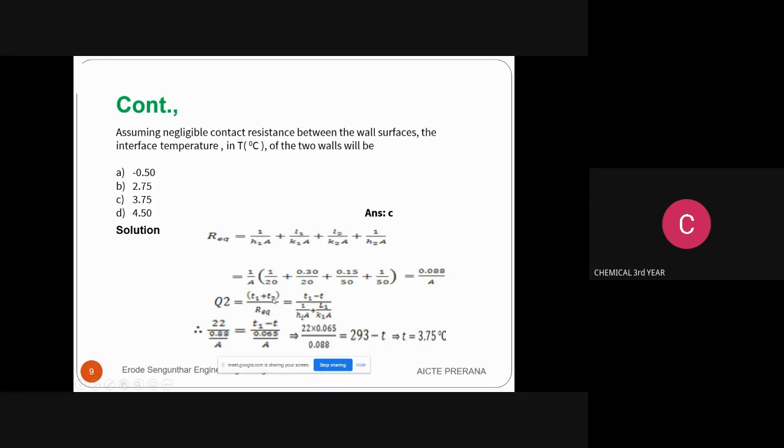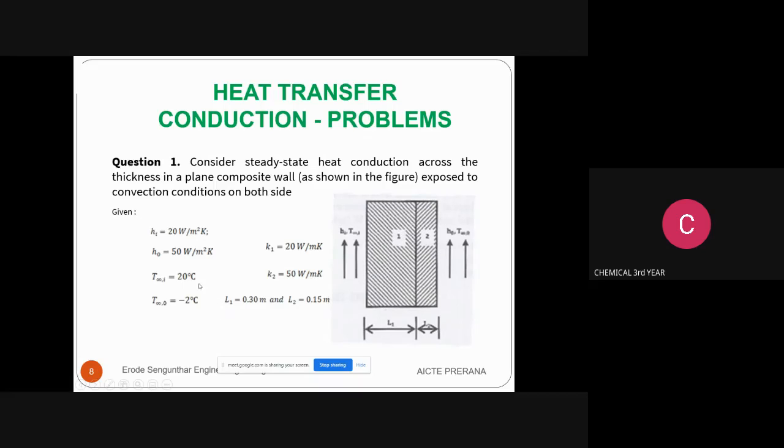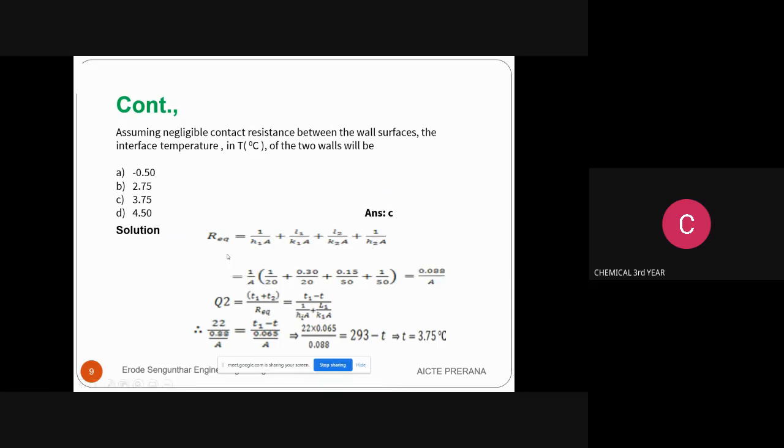T1 minus T2 is nothing but 22: here it is 20, and here it is minus 2, so 20 minus minus 2 gives 22. So 22 divided by 0.088 divided by A equals T1 minus T divided by 0.065 divided by A. That gives 22 into 0.065 divided by A, with T1 as 293 minus T. Substituting all the terms, we get T as 3.75 degrees Celsius.